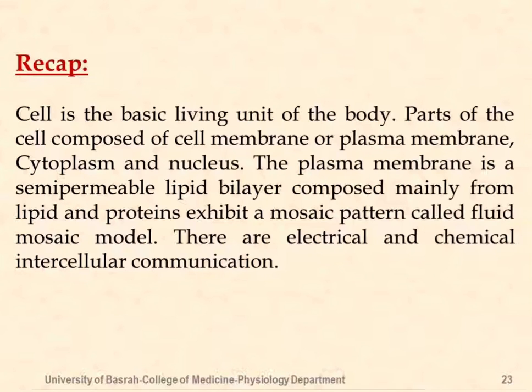The plasma membrane is the permeable lipid bilayer composed mainly of lipids and proteins and exhibits the mosaic pattern called fluid mosaic pattern لأنه تتكون من عدة مواد، بروتين وكربوهيدرات وكوليسترول وليبيد، ولذلك يسميها موزايك يعني متعددة المواد يعني ما تتكون من مادة واحدة.